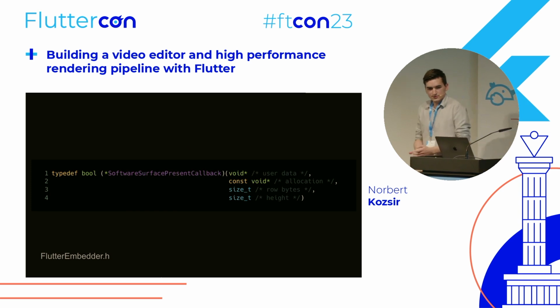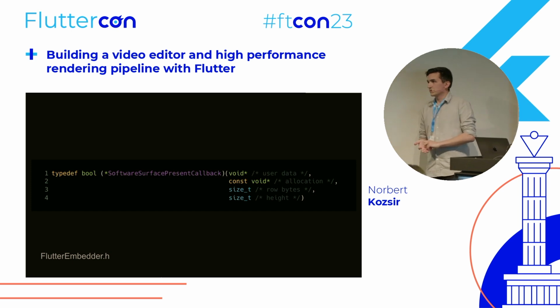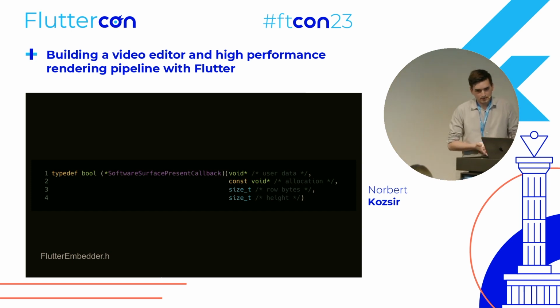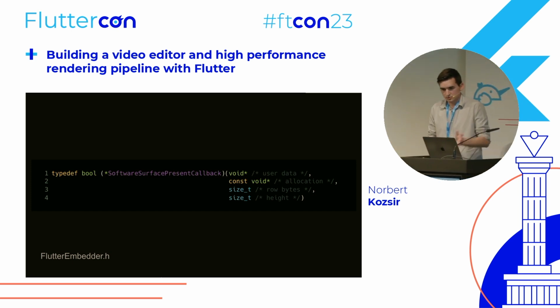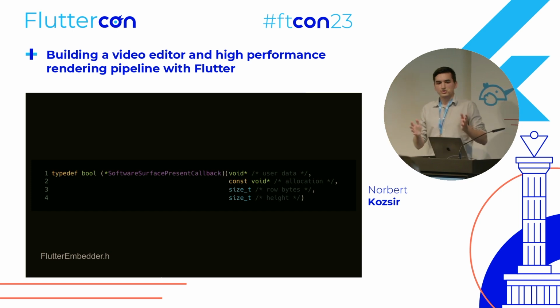And one of those things you can do with the engine is override this function called software surface present callback. This is a very simple function. It takes in user data, which we don't care about, and a void allocation, which is basically an array of RGB data.